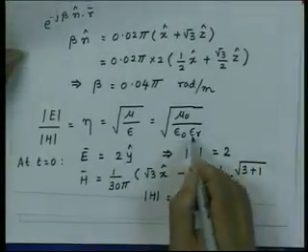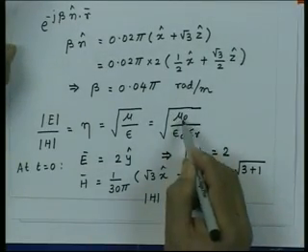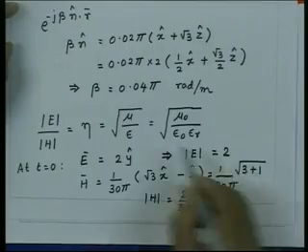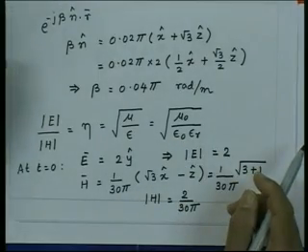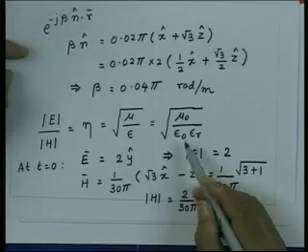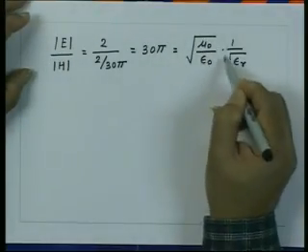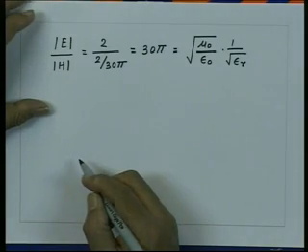We just take the square root of epsilon r out. So, we have this quantity square root of mu 0 upon epsilon 0, which is nothing but the intrinsic impedance of free space, and that number we know is equal to 120 pi.